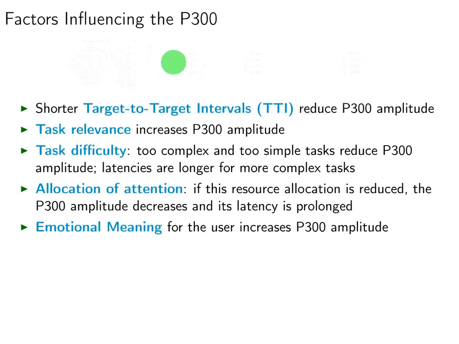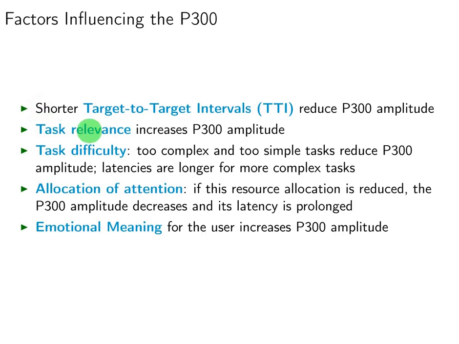The deviant will be the target. Between deviant to deviant intervals, we will have standard stimuli as well, but let's talk about this as the target-to-target interval. Shorter TTI reduces P300 amplitude, which is not good. Why? Because discriminating these features will be difficult for a classifier.